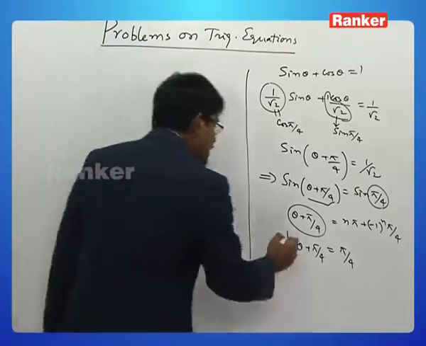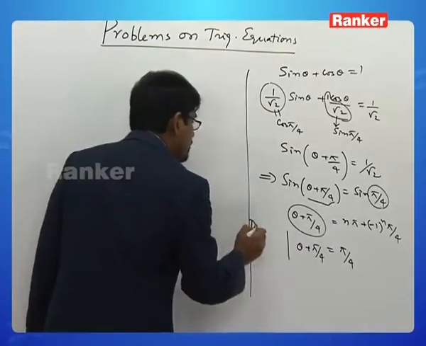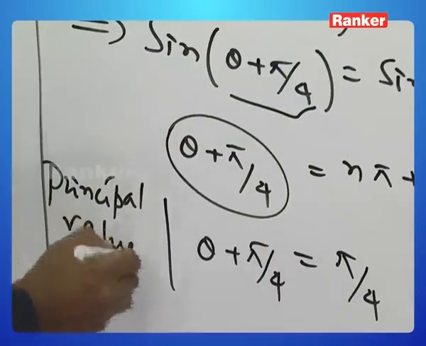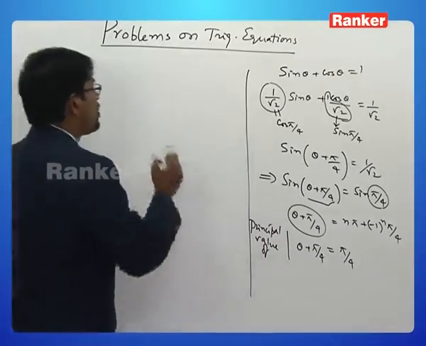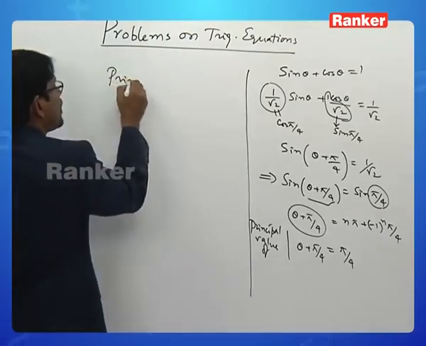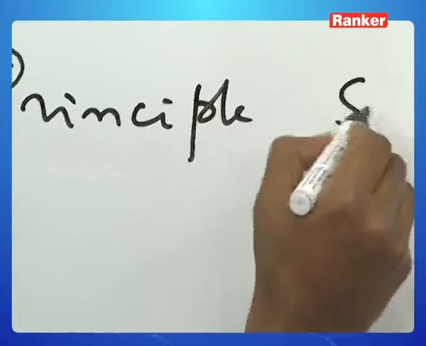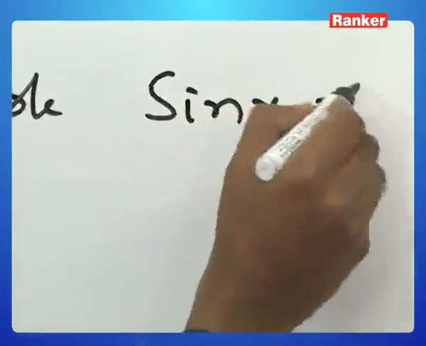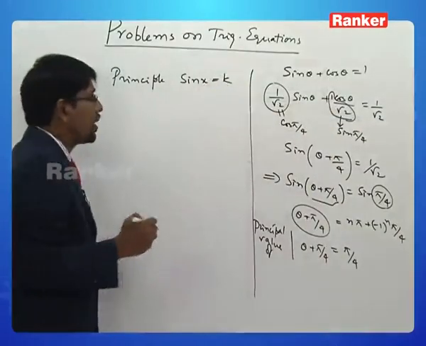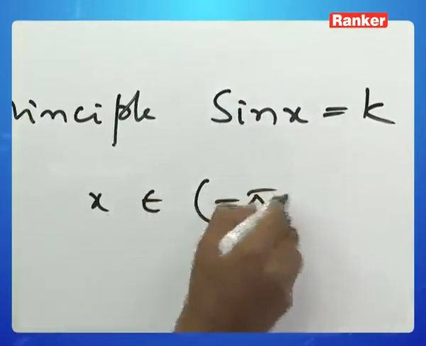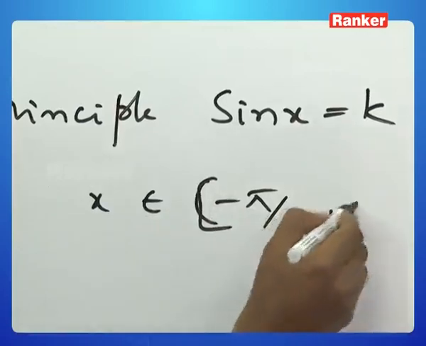Now, the principal value of sin x equal to some k, that x has to belong to the closed interval minus pi by 2 to pi by 2.